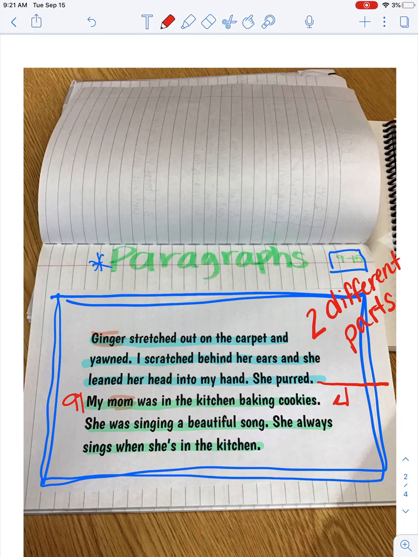I would go down to a new line and I would start my new paragraph and my new sentence right there. And I would want to have a little bit of space in between. Now you do not need to go rewrite this, but I do want you to make sure you highlight it and label the new paragraph spot in your writer's notebook so that you're able to look back at this anytime you are needing to make new paragraphs in your writing.